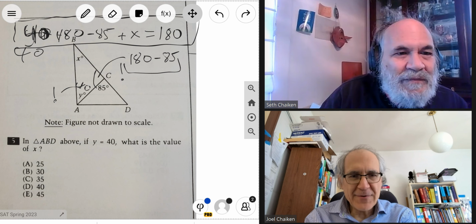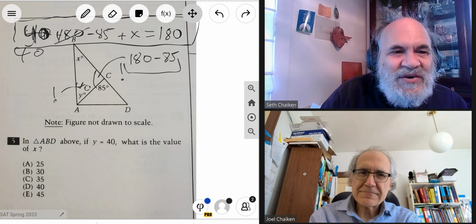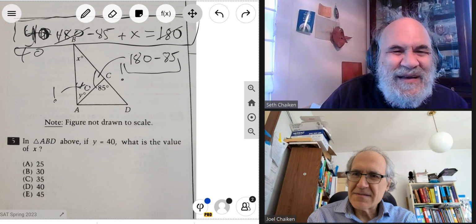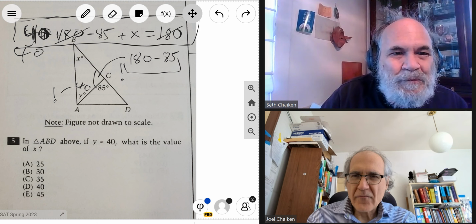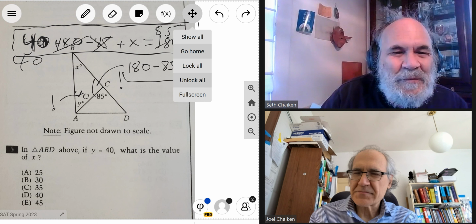And don't forget, everyone will have a calculator. Okay, but cancel the 180s. Oh, that's smart. Bring the 85 onto the right. Bring the 40 onto the right.